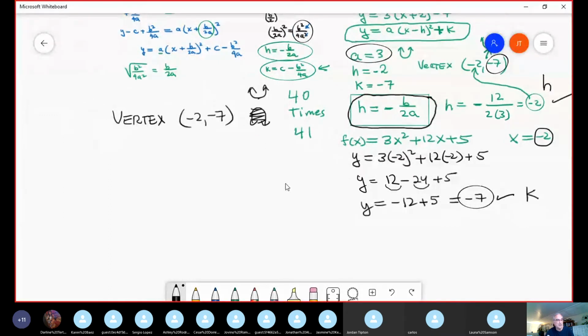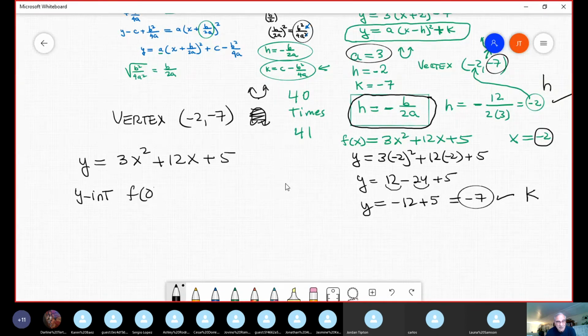So I want you to pay attention to the advantage and disadvantage between standard and vertex form. Because at the beginning, my equation was y equals 3x squared plus 12x plus 5. If you want to find the y-intercept, it's super easy. It's evaluating 0. When you evaluate 0, this part is 0, this part is 0, and the answer is 5.